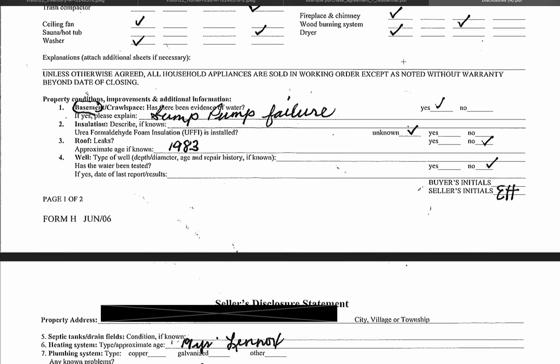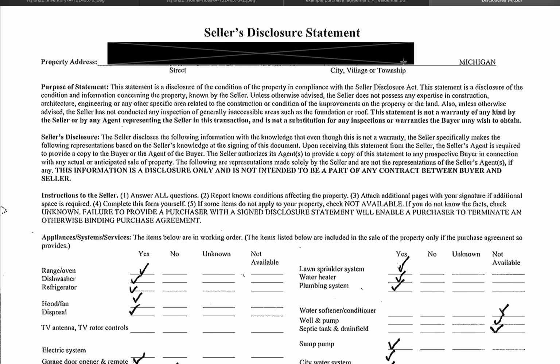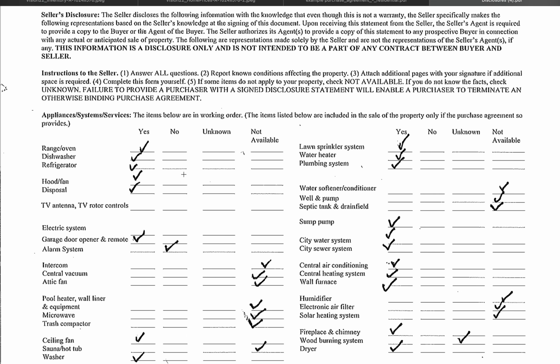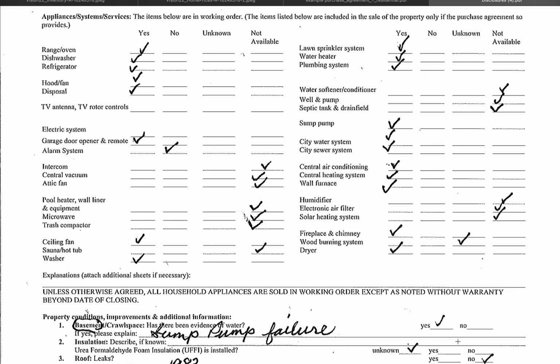The other item that you'll want to go through very carefully is the seller's disclosure. It will tell you to the best of the seller's knowledge what is working, what is not working, what is not available on the property, and what they're maybe not sure of if it's working.